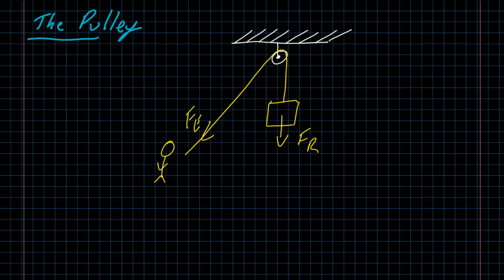So instead of having our string directly attached to the object we're lifting, the interesting thing to do is let's attach another pulley to that object so that our string loops through that pulley and then back up.